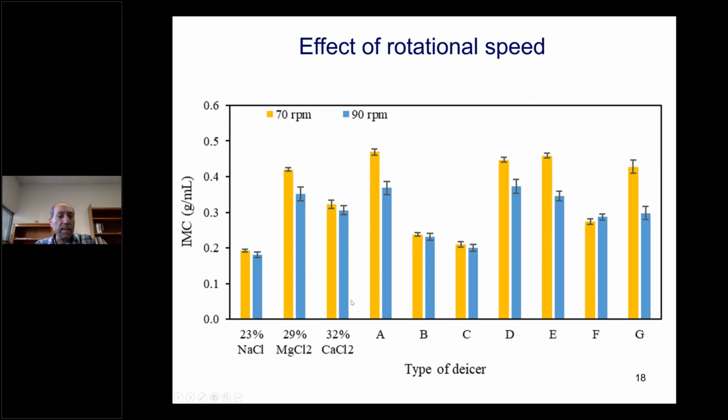So here you can see, for instance, 23% sodium chloride solution, you can see visually that the results are very close. Also for de-icers B, C, and F, but for 29% magnesium chloride or de-icer E, those with more ice melting capacity, there is a little bit of difference.